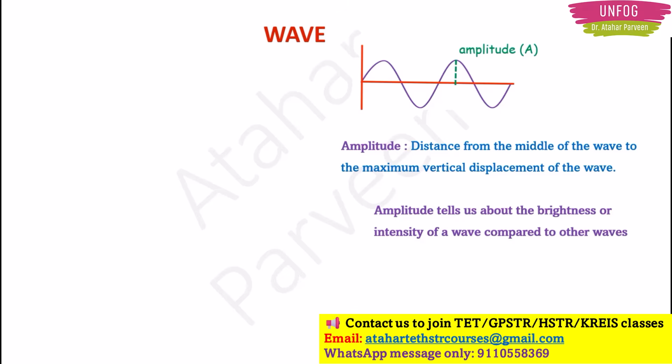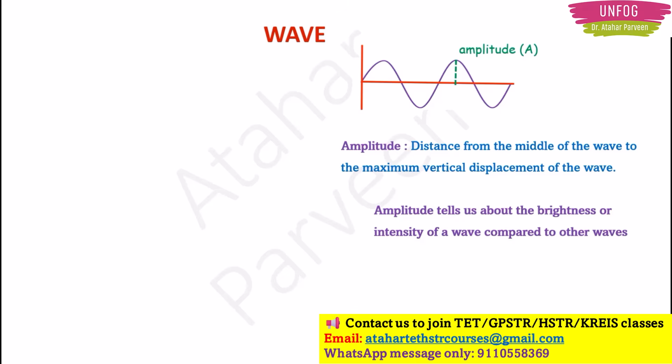If a wave has more amplitude, it means that it has more brightness or more energy. If a wave has less amplitude, then it has less brightness, less intensity or less energy. So you can give the character of a wave when you know the amplitude. The symbol for amplitude is A, and because we are talking about distance, the unit will be meter only.